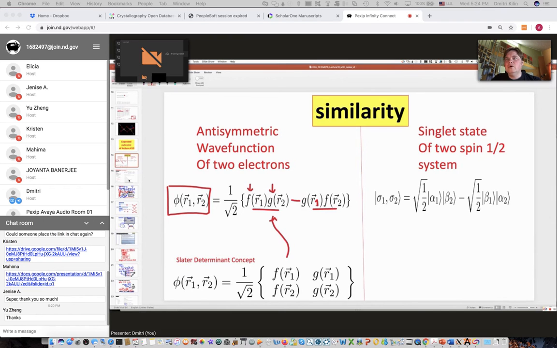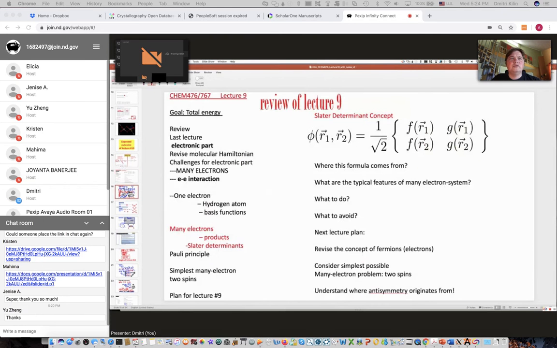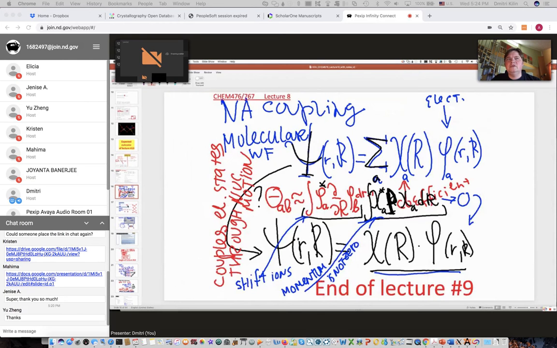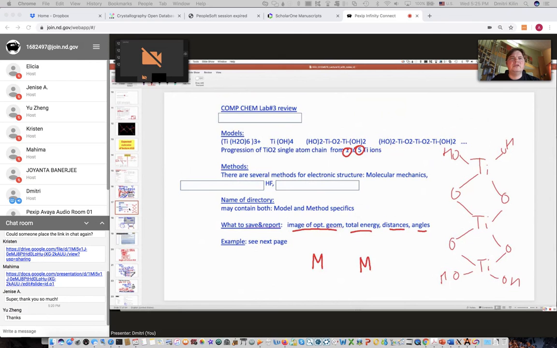Okay, I'll try to be as quick as possible. So here is our plan of building oligomers of titanium hydroxide. So 1 titanium, 2 titanium, 3 titanium.